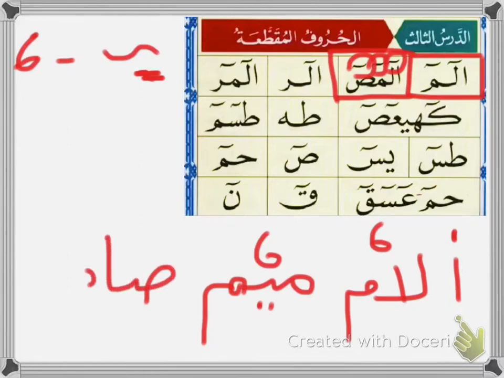The way I write these, when you go back to lesson 1, this is how we write the name of the letter. That's why I'm writing them here, the same way they have them on the top corner in lesson 1. So let's read.